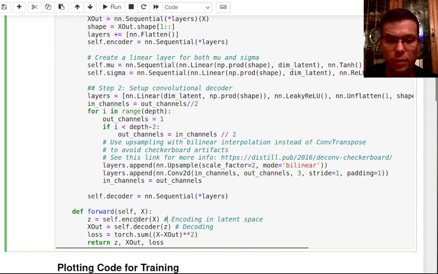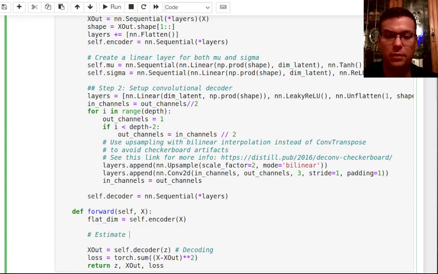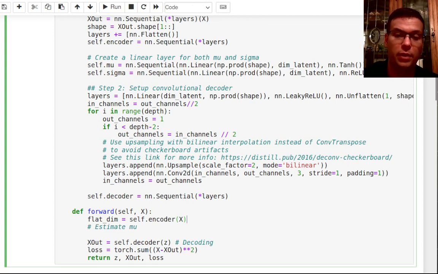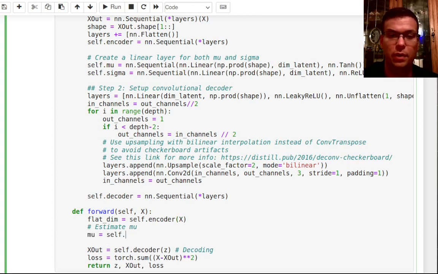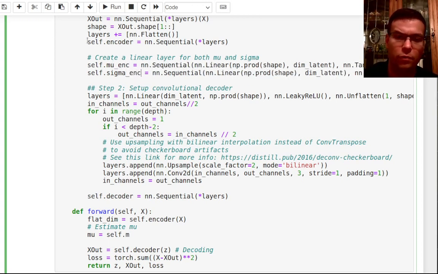Now when I go to encode this, first the encoder gives me the flattened dimension. Then I want to estimate mu from that flattened dimension. Let me make this a little clearer: this is the mu encoder, and this is the sigma encoder.